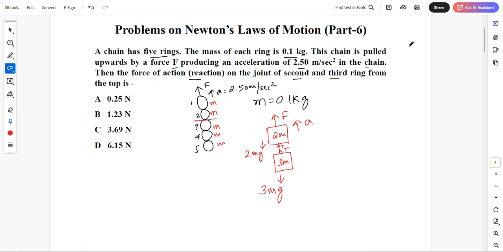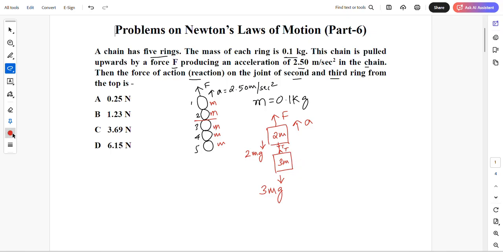I have told you always that tension should be shown away from the block, away from this block. Understood? Now you are supposed to calculate this tension. This is 2 mg, weight is 3 mg, tension T is there.